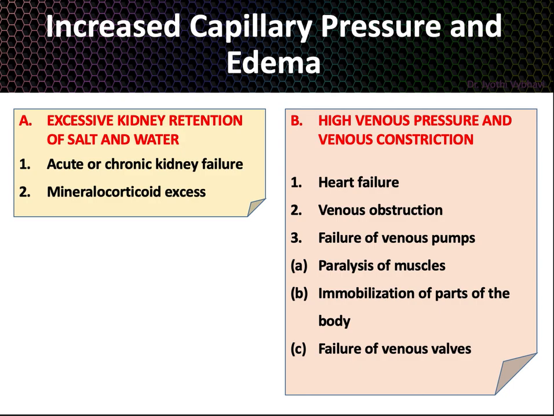If the venous end is blocked, you imagine that diagram, whatever fluid was filtered into the interstitium stays there. So that is how there is extra fluid in the interstitium, and there is interstitial edema.